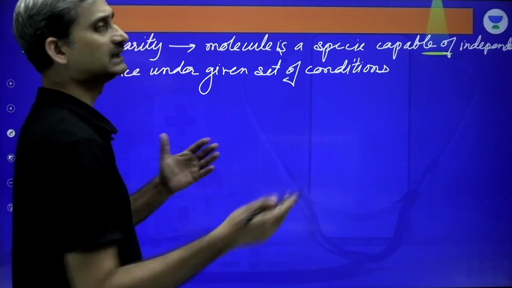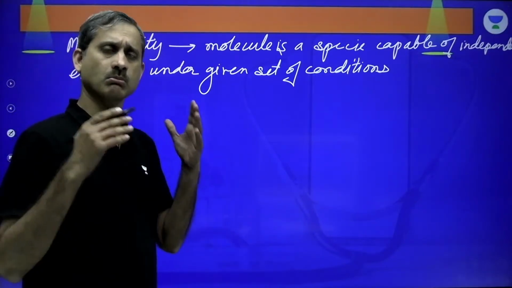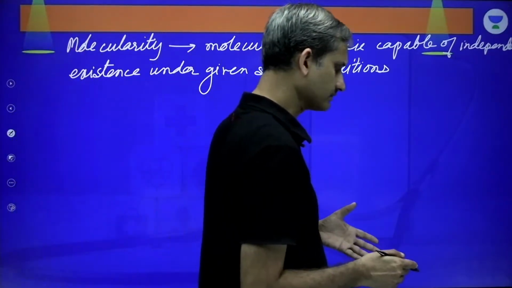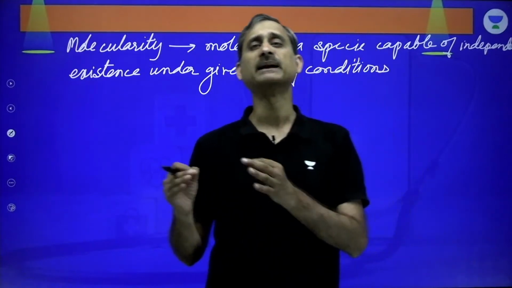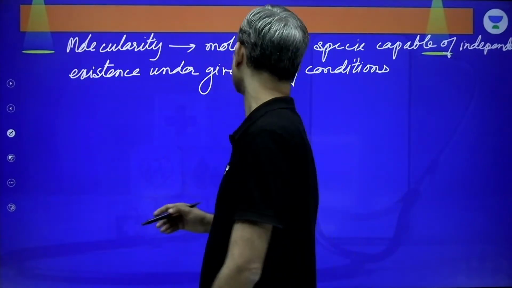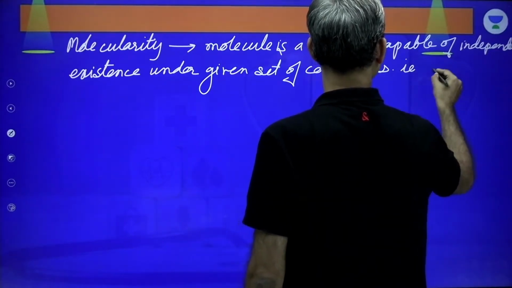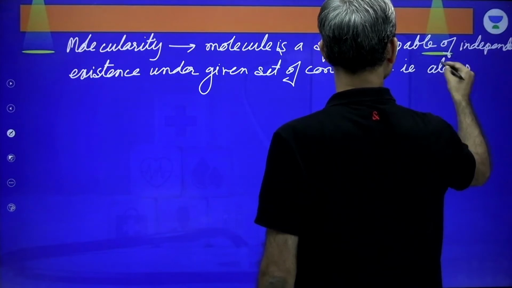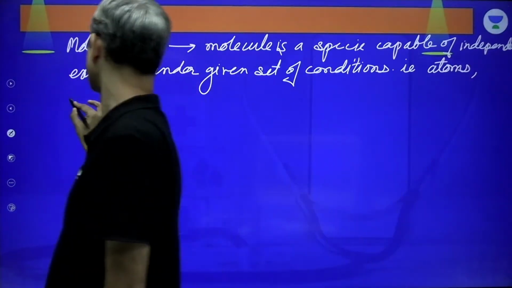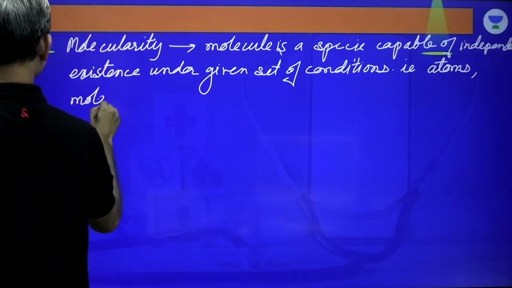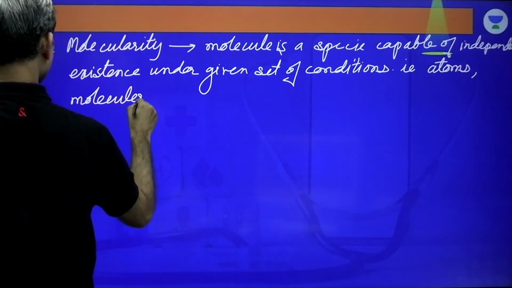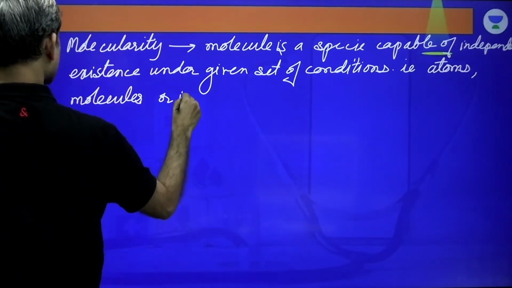So what would be the molecularity? Molecularity by definition becomes the number of independent species. Now these species could be atoms, molecules, or ions.